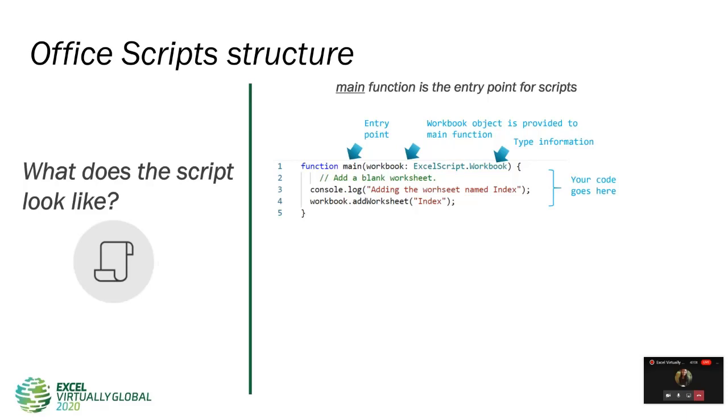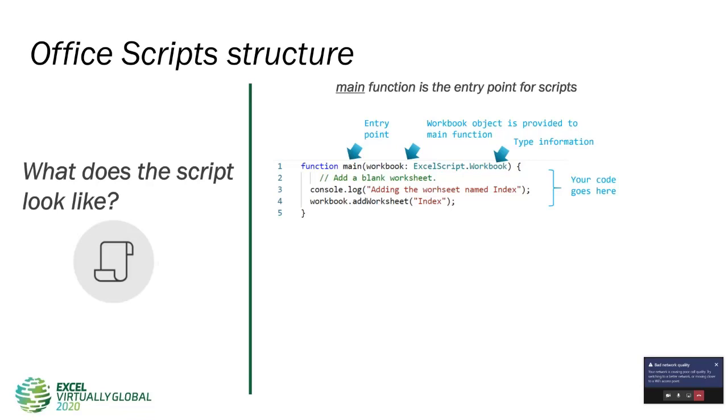If you're writing a new function, we require that you provide this, and it's very easy to discover and use. The code itself goes right into the body of the main function. This is a unit of work that begins with the script at the top and ends when the script ends.